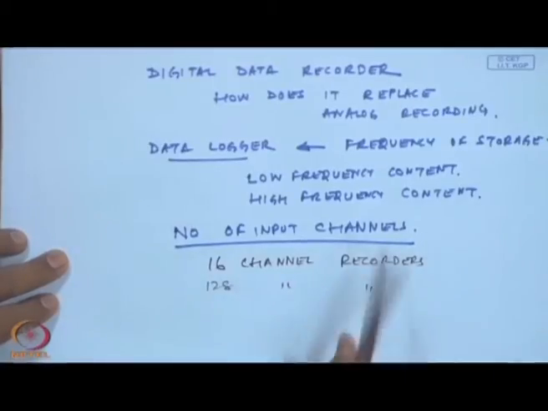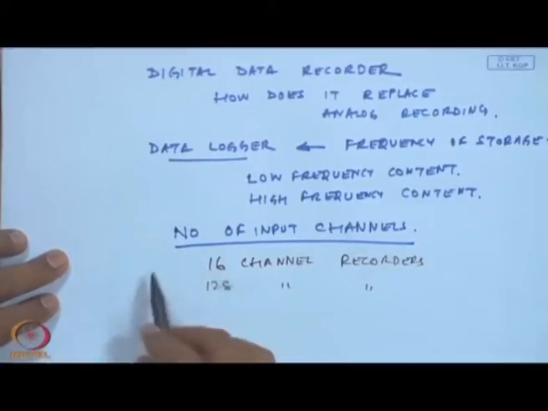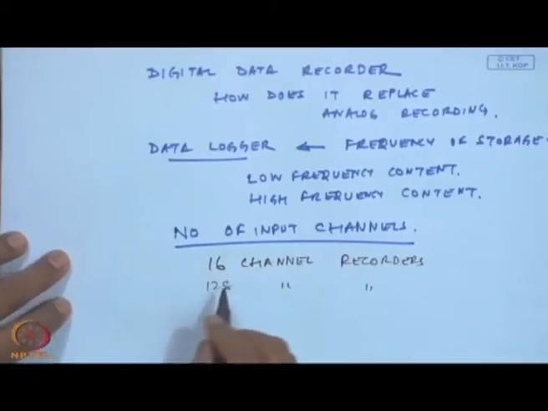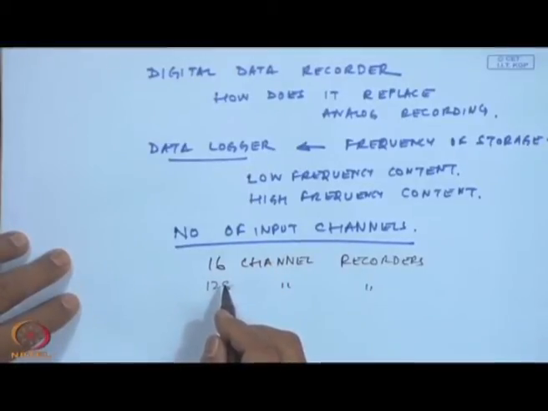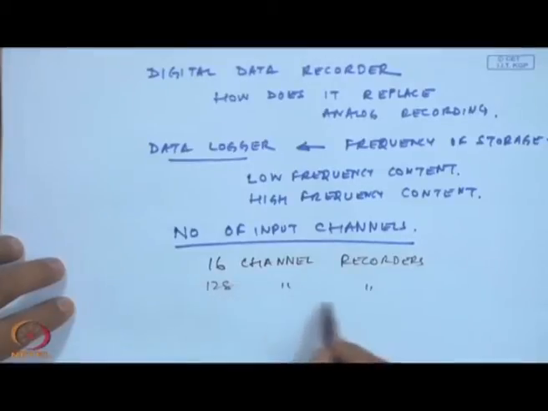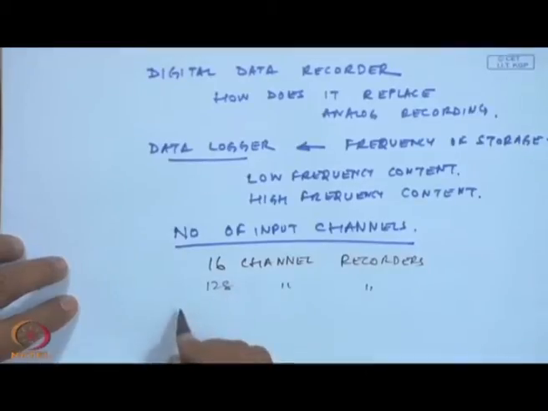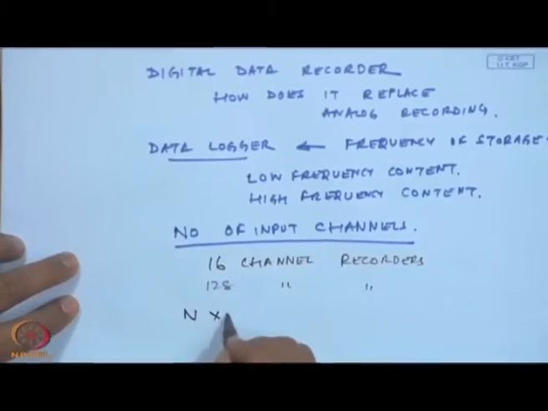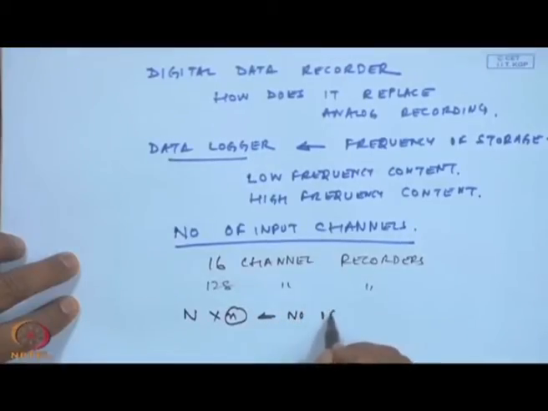Okay. That depends on the interest. Of course, all the previous examples we have done with one channel. If simultaneously I want to record 16 channels of data or 128 channels of data, I need to multiply the number of data points by small n, where small n is the number of channels.